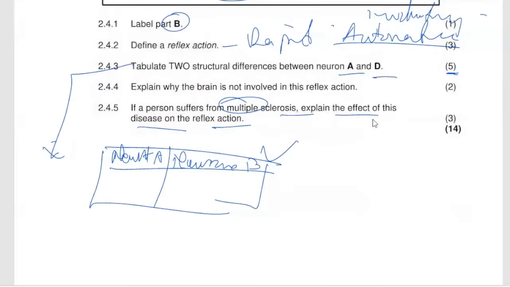So if the myelin sheath is not there, the speed at which the impulse is transmitted is going to be lowered. Hence, we can say that it will cause the transmission of impulse to be slow, due to the damage of the myelin sheath, resulting in slow reaction time.